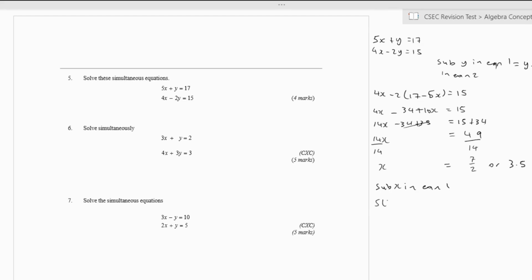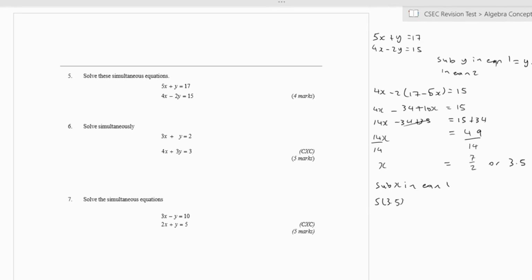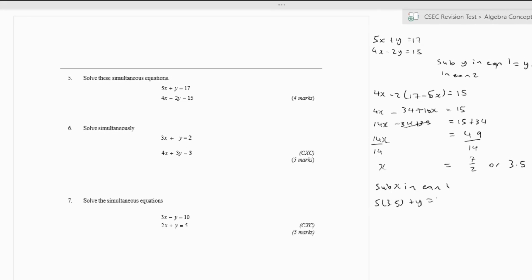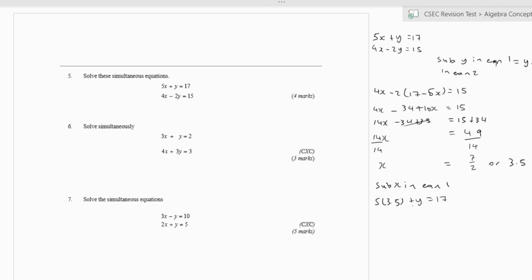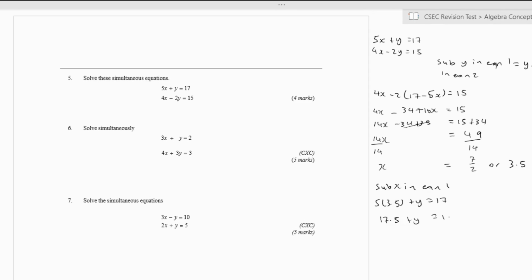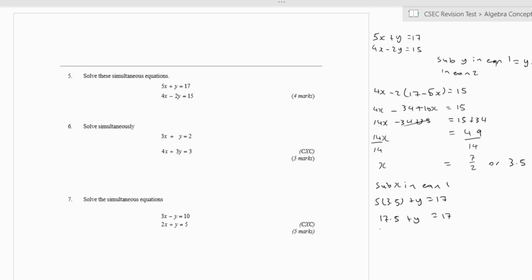We have 5 times 3.5 plus y equals 17. 5 times 3.5 is equal to 17.5, plus y equals 17.